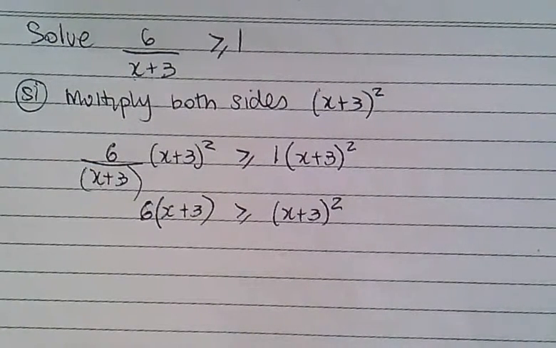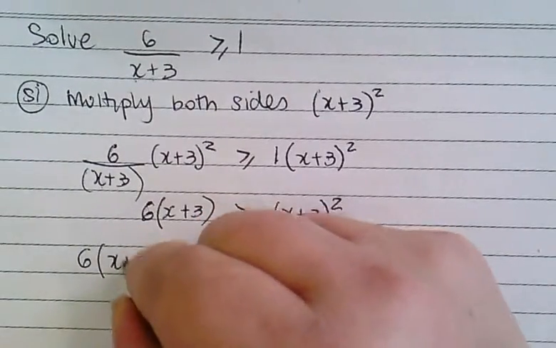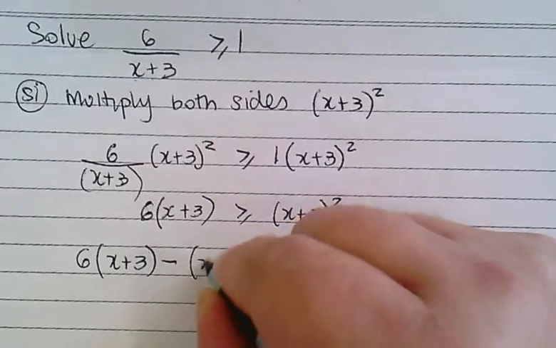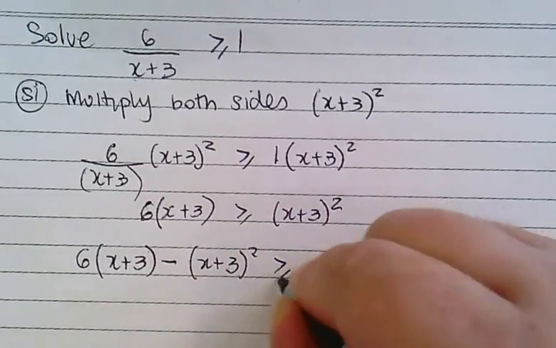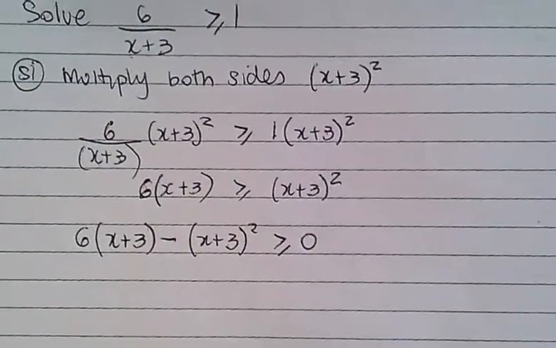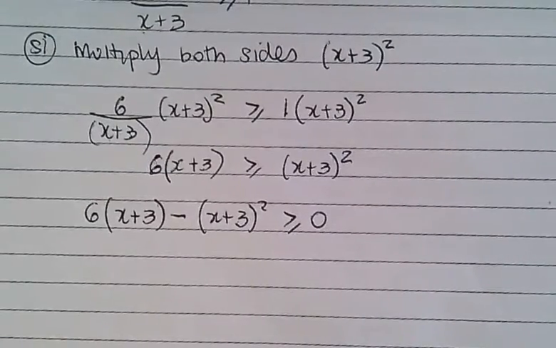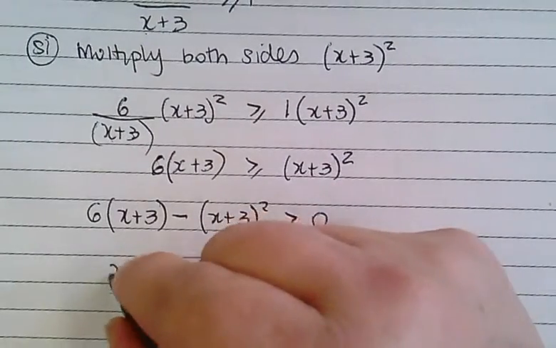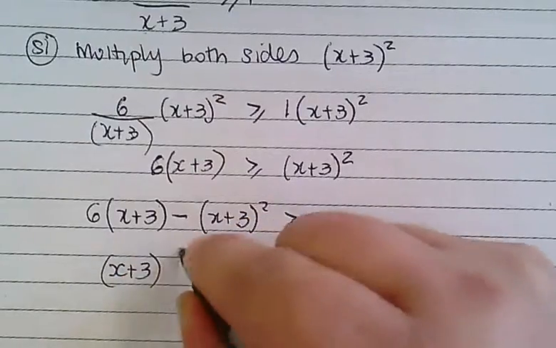I want everything over to the left. 6 bracket x plus 3 minus x plus 3 all squared is greater than or equal to 0. What is my common factor? x plus 3 is in common.